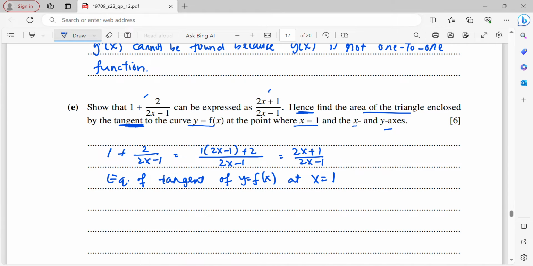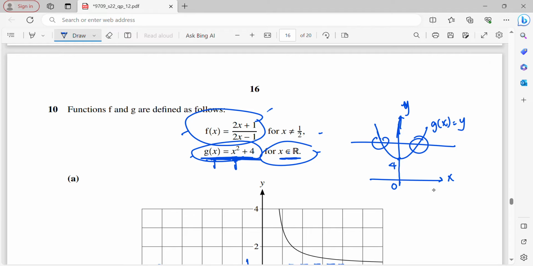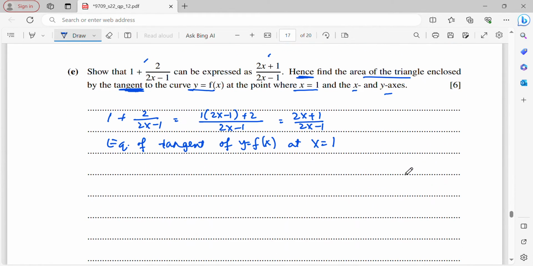So now, what is your f(x) first? Go back to the question. Your f(x) is (2x + 1) over (2x - 1). Okay, so just now, you have proven that this can be expressed in this. So it means that your y equals f(x), which is (2x + 1) over (2x - 1), which is the same as 1 + 2 over (2x - 1).